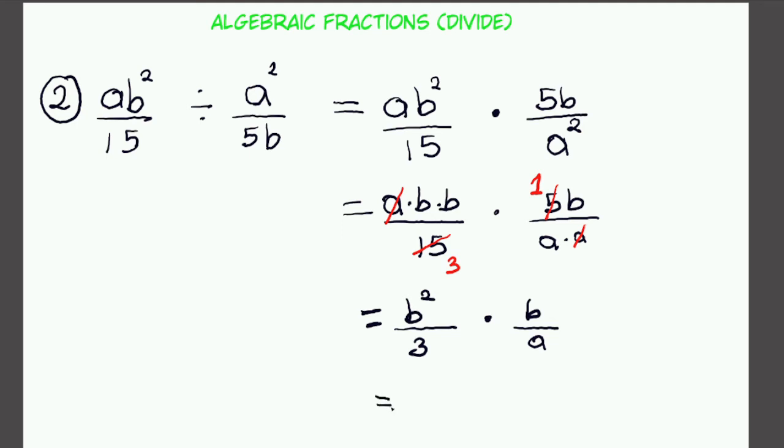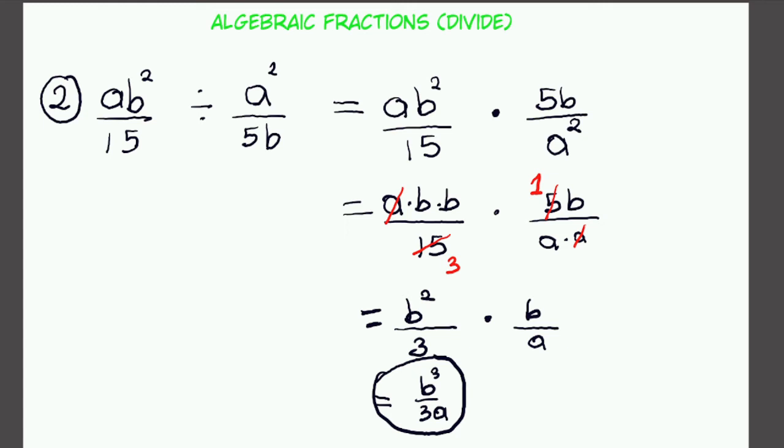B squared times b gives us b cubed. And 3 times a gives us 3a. This is our final answer: b cubed over 3a.